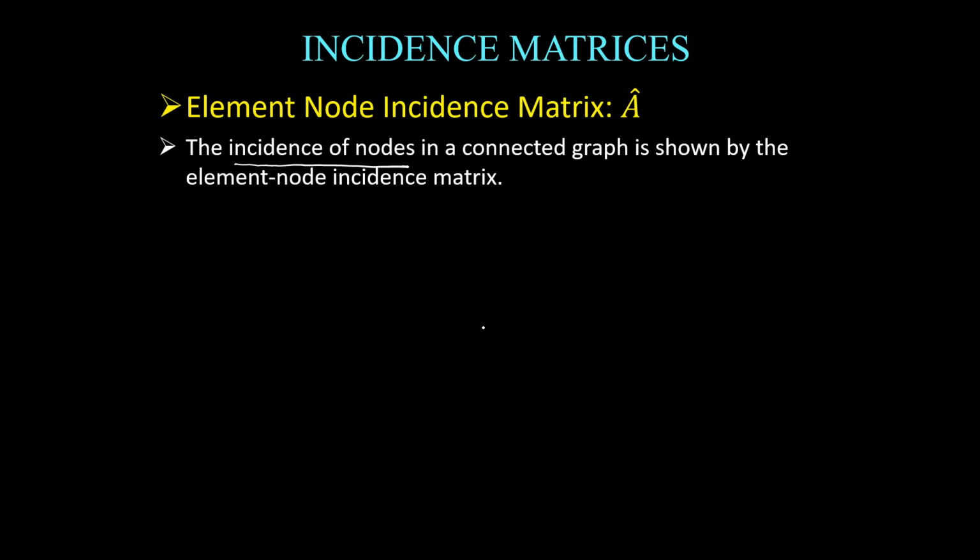If you take a particular node in the graph, how many transmission lines are connected to it? It may be one transmission line, it may be two, it may be n transmission lines also, which are called elements.